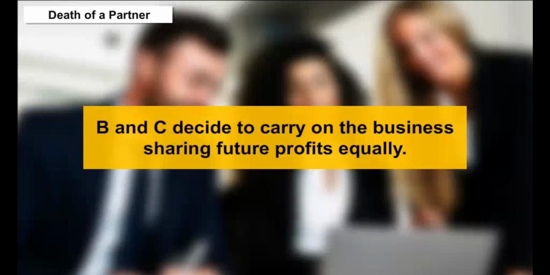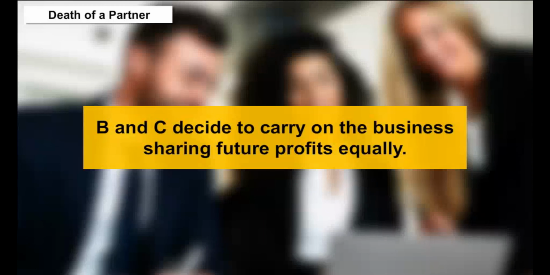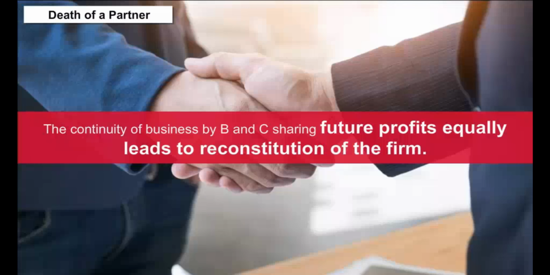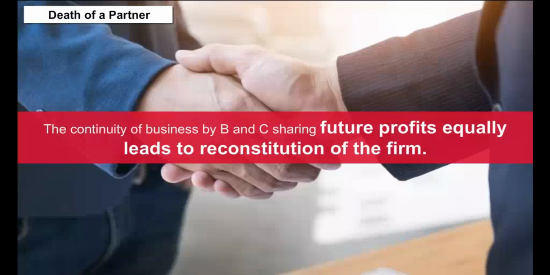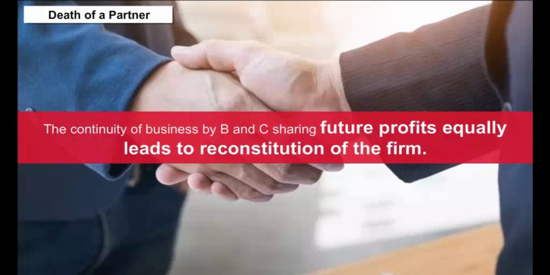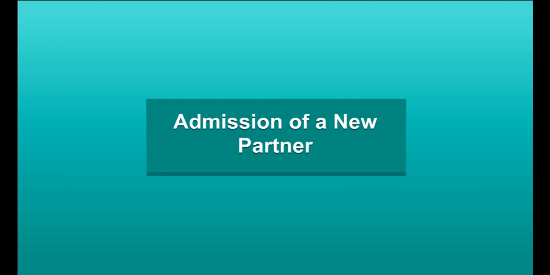A died on March 31, 2007. B and C decide to carry on the business sharing future profits equally. The continuity of business by B and C sharing future profits equally leads to reconstitution of the firm.